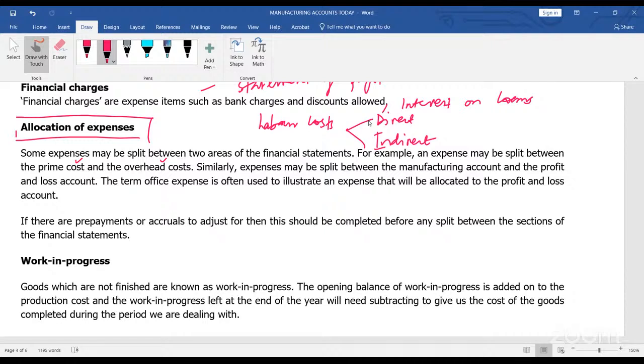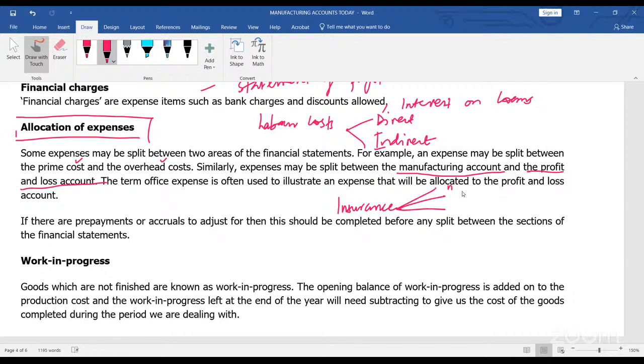Similarly, there may be expenses that have to be split between the manufacturing account and then the profit and loss account. So you find you have maybe insurance cost, but you have to split it between different sections.